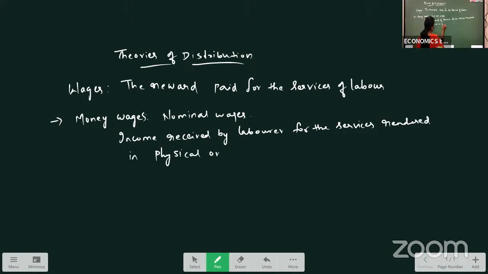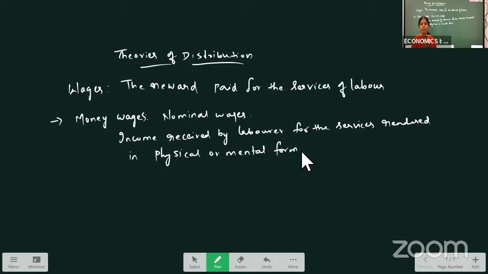Laborer means one who provides his physical or mental services to the production activity, so the human efforts. When he gives his efforts, in return he will earn some income.